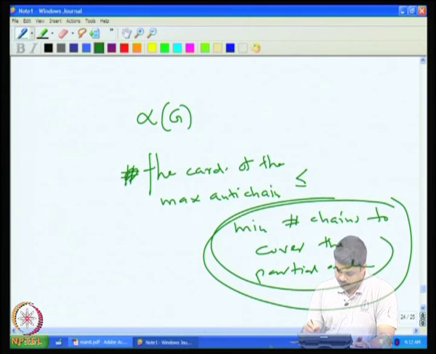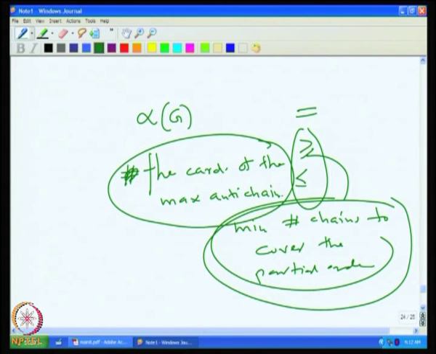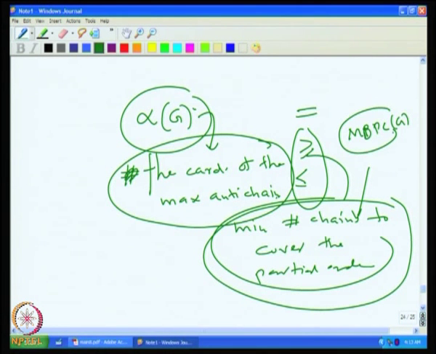So therefore this will become equality. The cardinality of the maximum anti-chain is alpha with respect to the graph, and this is the minimum directed path cover of G. That one is less than the other follows immediately from the definition, because two elements in an anti-chain cannot be part of the same chain.